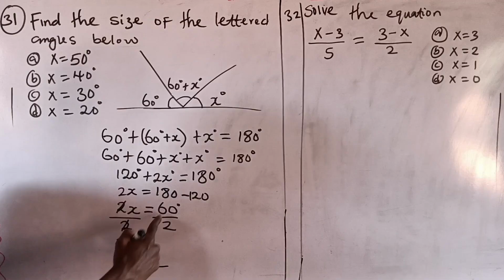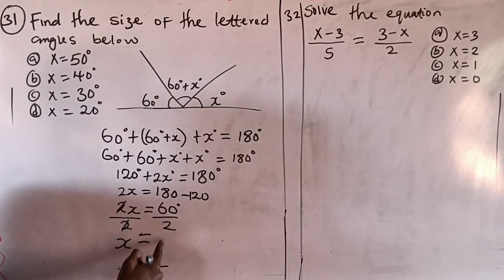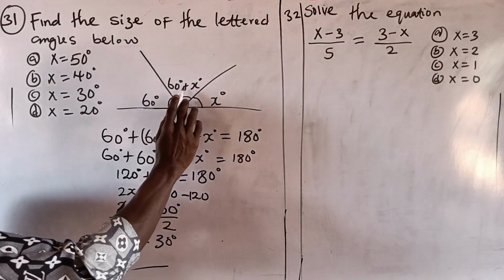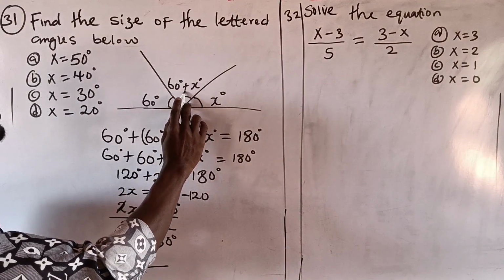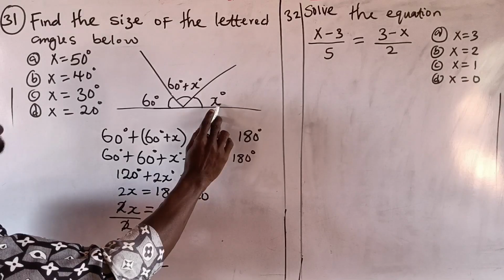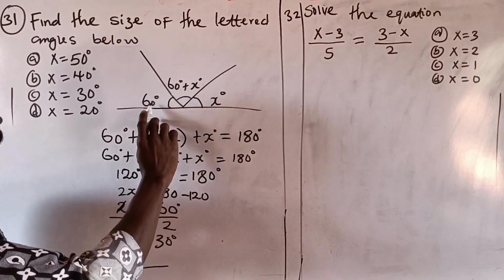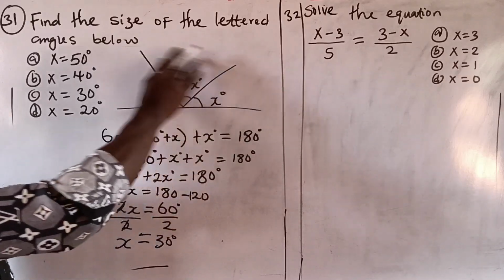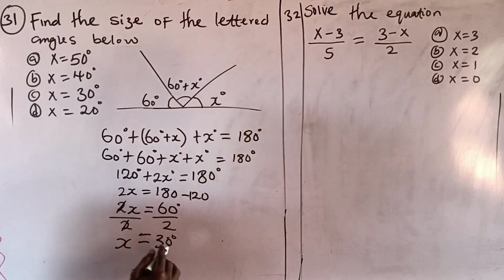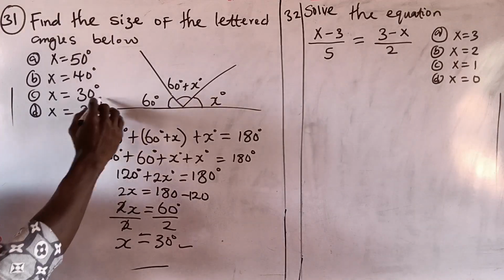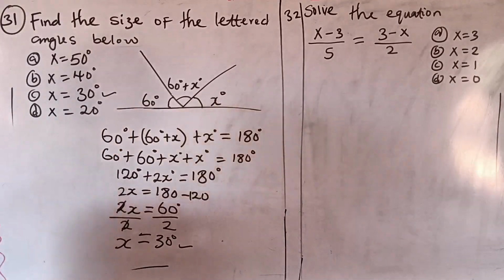So at the end, 60 degrees divided by 2, we are going to have 30 degrees, which is our answer. So once we add 30 to this, it will give us 90. And once we add plus 30, to give us 120 plus 60, altogether will give us 180, which shows this answer is the correct answer. Let's check the options. So option C is the right answer.